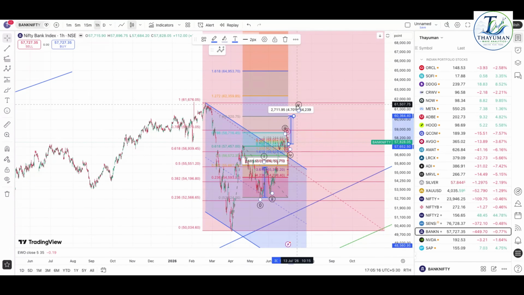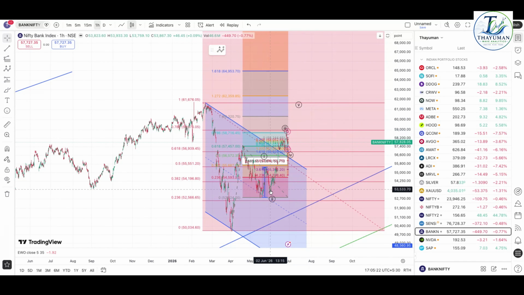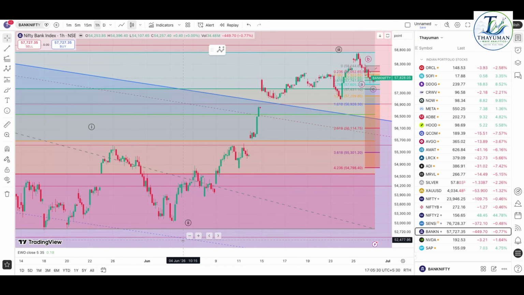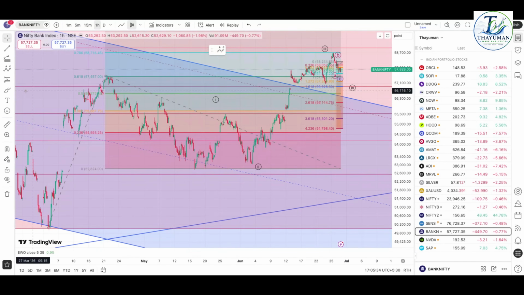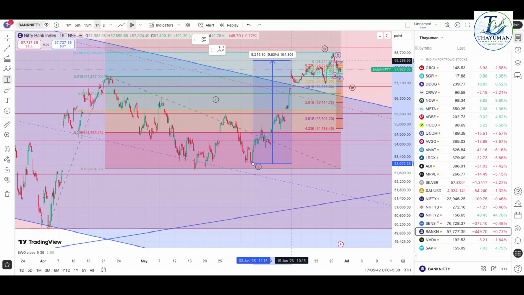I think it might reach to the top. So it might cover the distance of a third wave. Let's measure and check if there's a possibility. We are concluding everything based on checking all possibilities. Does it make sense? Based on that, we arrive at a conclusion. That's how this is made.